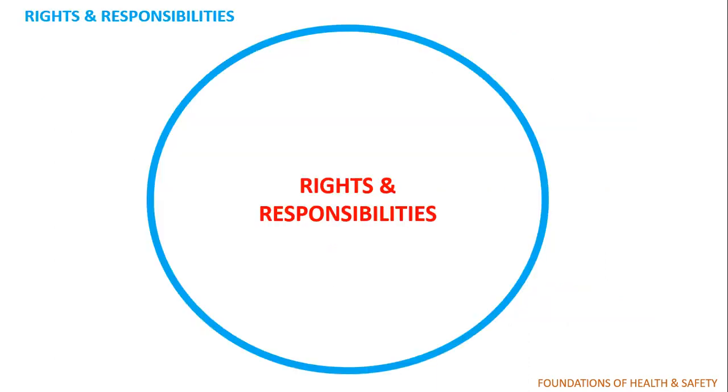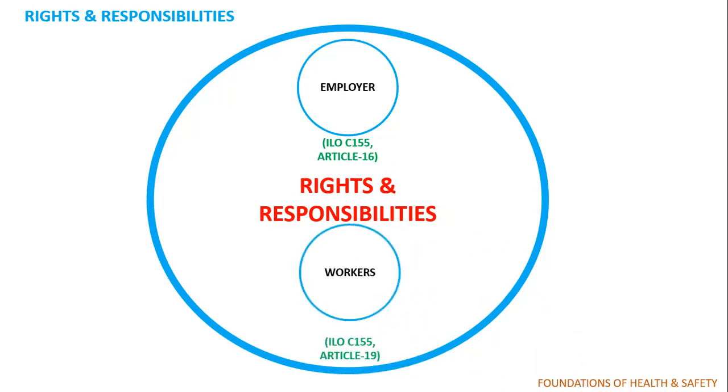So this ILO Convention C155 lays down the rights and responsibilities of the employer. Under Article 16 of ILO C155, the rights and responsibilities of the employers have been laid down. Also, ILO C155 Article 19 lays down the rights and responsibilities of the workers.